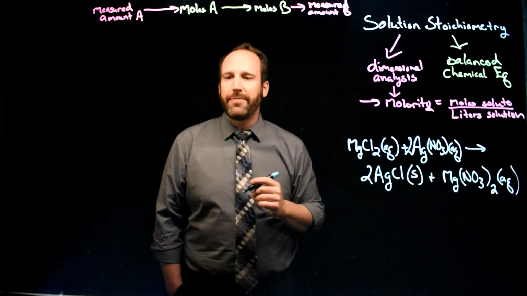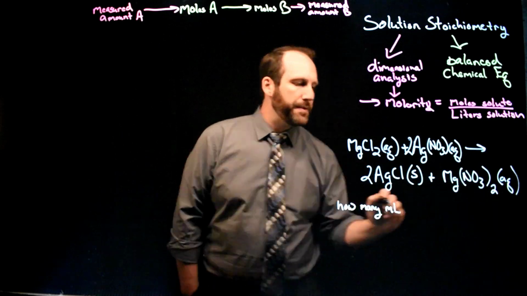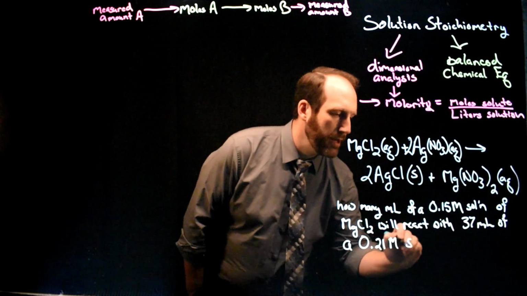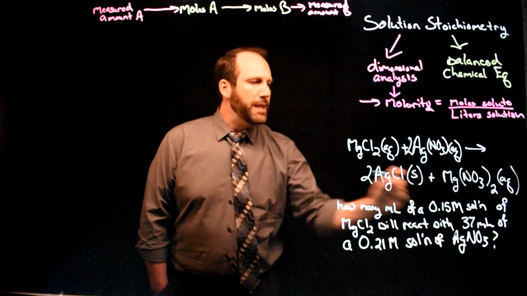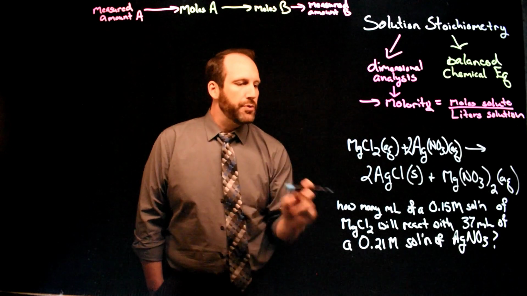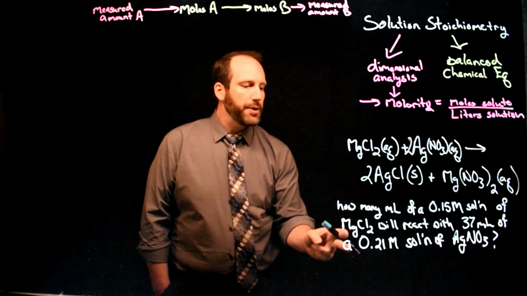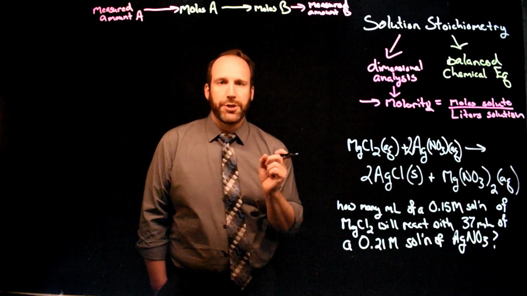And so a problem that we might ask, okay, we might say, how many milliliters of a 0.15 molar solution of magnesium chloride will react with 37 milliliters of a 0.21 molar solution of silver nitrate?